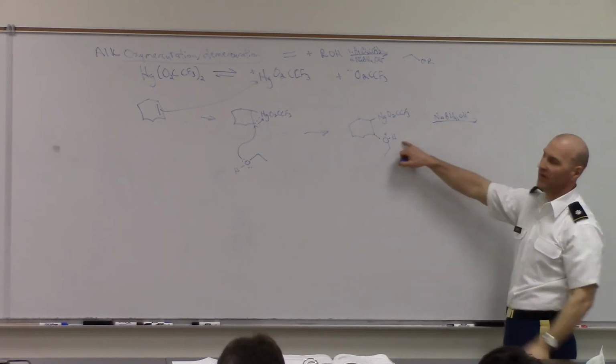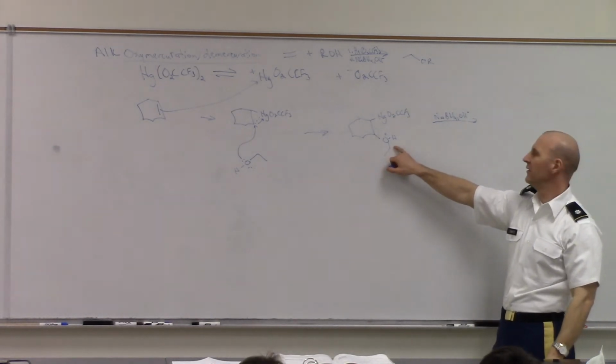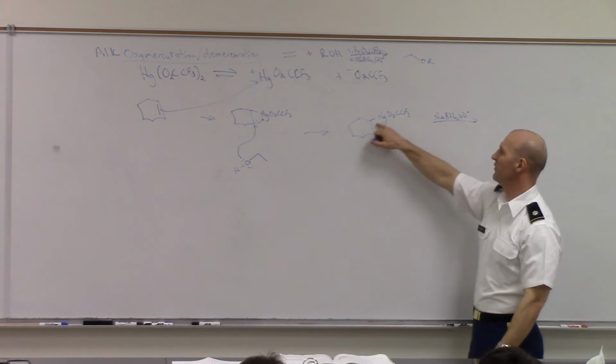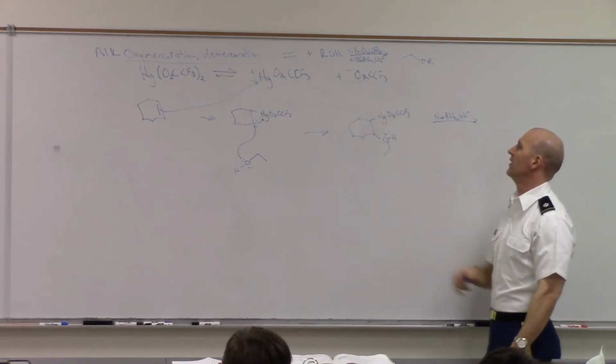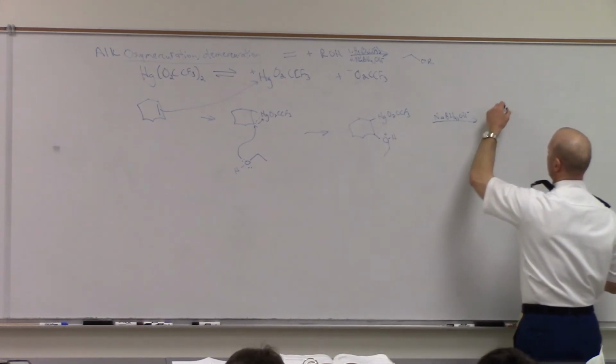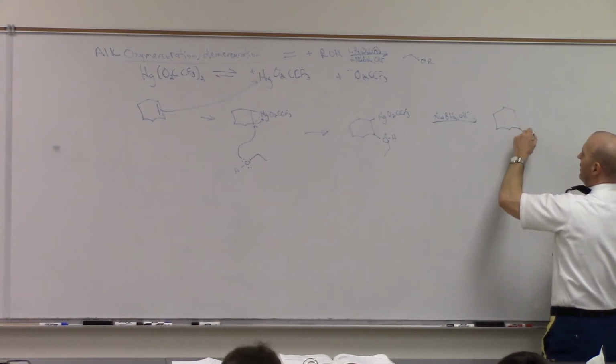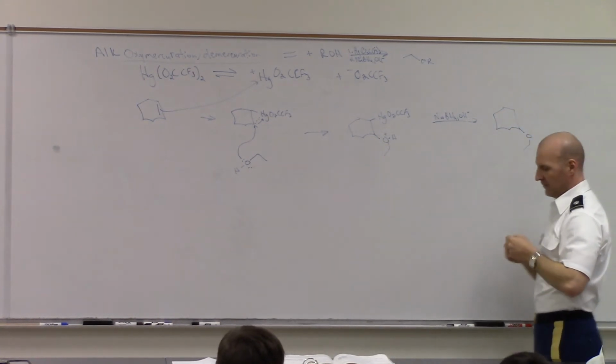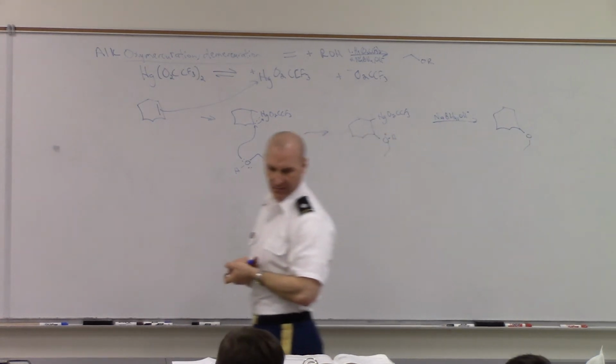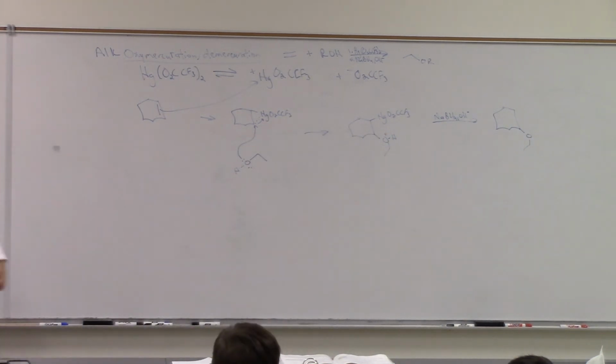The base will take off the hydrogen later on, and the sodium borohydride replaces the mercury with a hydrogen. So that's gone, and you've made the ether again.